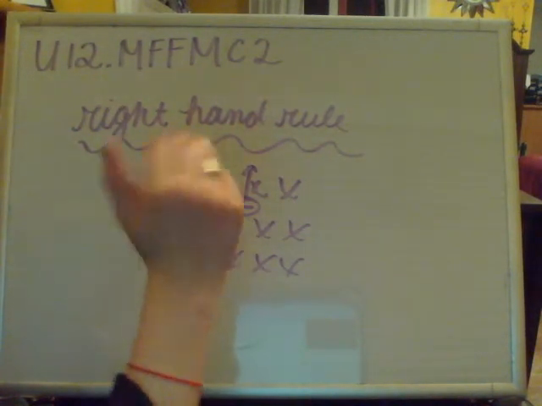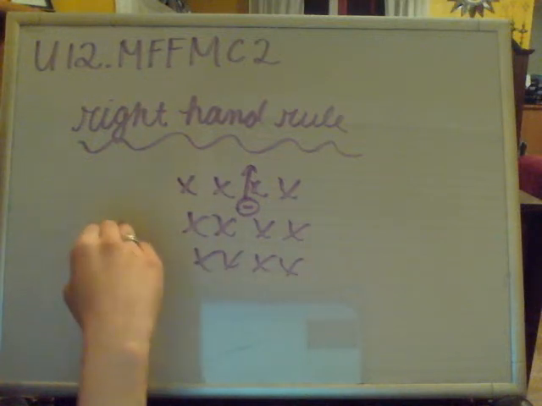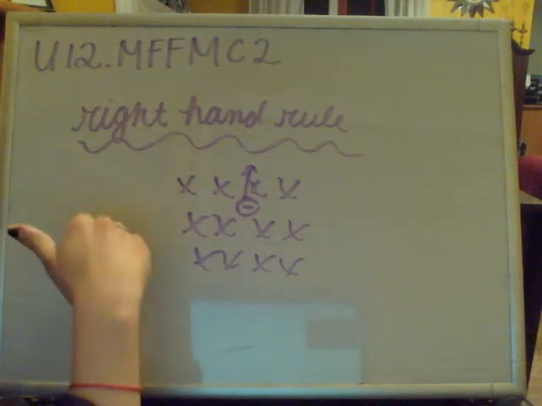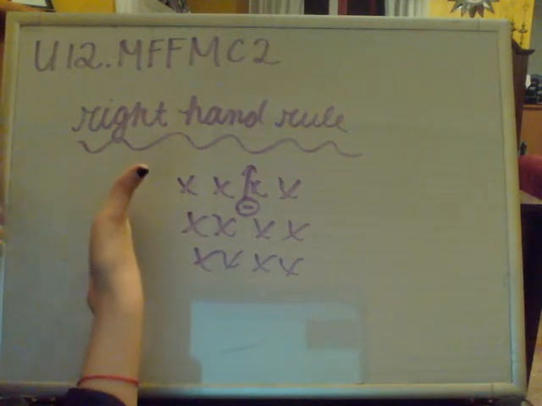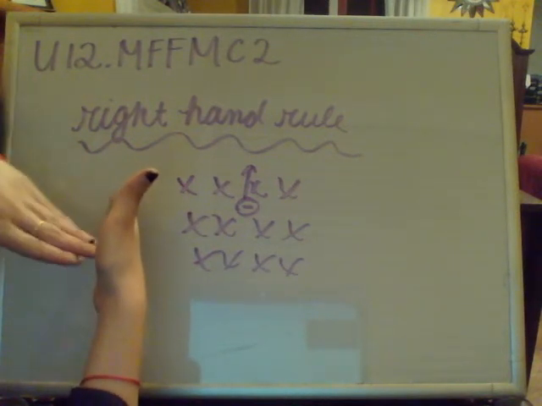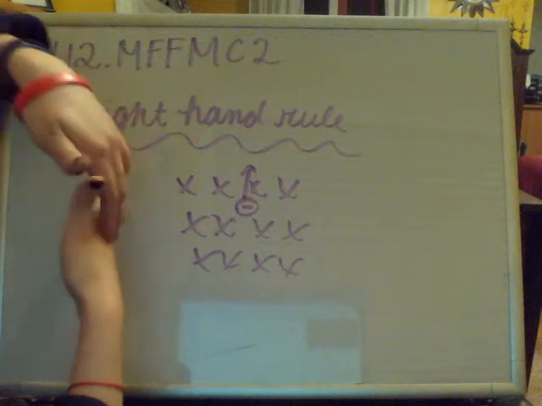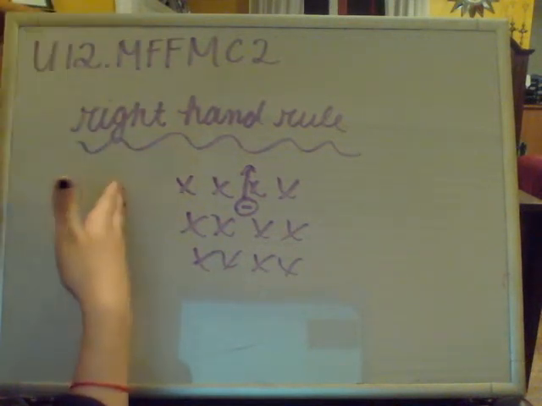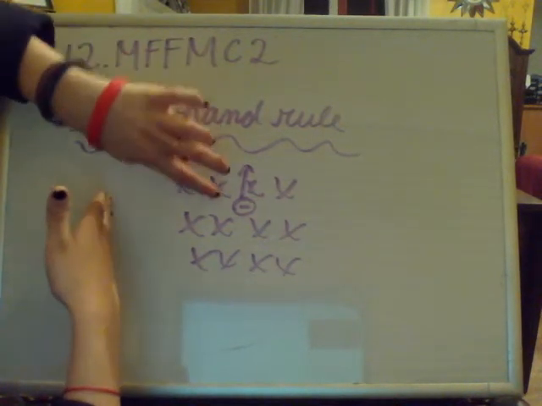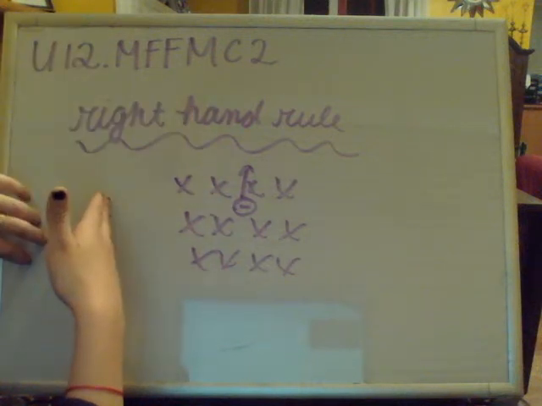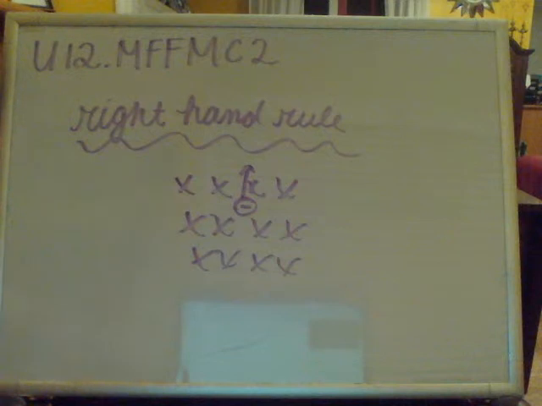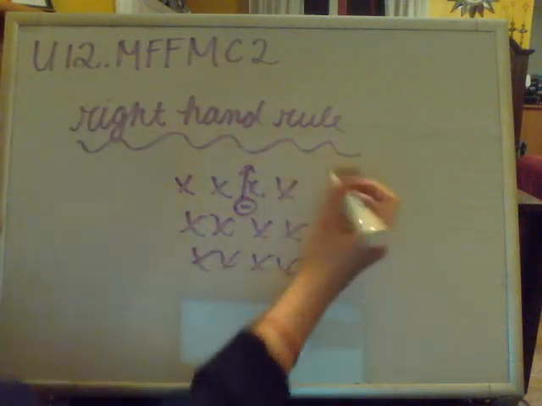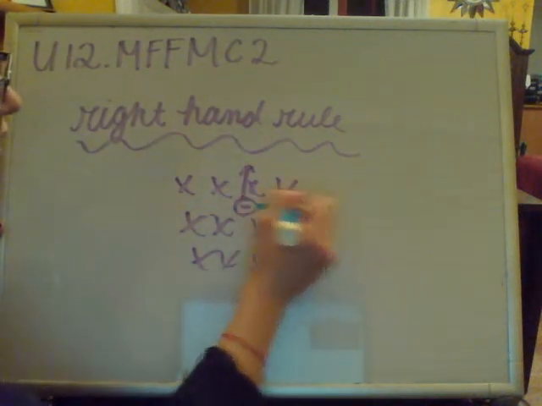It's the same thing: your fingers point in the direction of the magnetic field, which is into the board, and the velocity is going up. But instead of the force coming out of your palm, it comes from the back of your hand. So instead of a proton, where the force would be to the left, now it's going to be to the right. So the force on the electron is going that way.